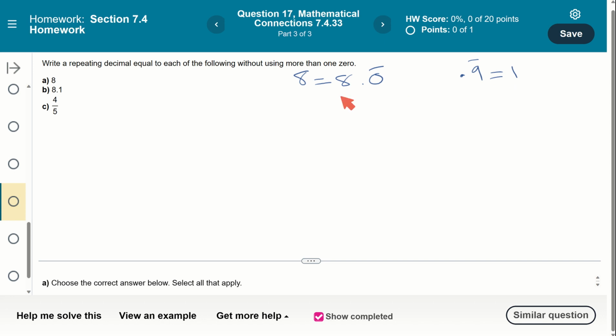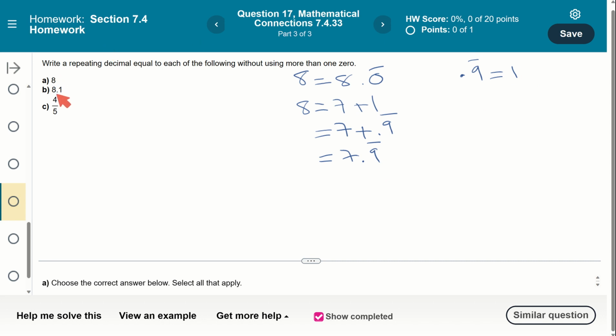So if I take this 8 and write it as 7 plus 1, then I can replace this 1 with 0.9 bar, right? So I can say this is equal to 7.9 bar. Now it can be shown that 7.9 bar is the same as 8, but we can see how we reasoned by a previous result.